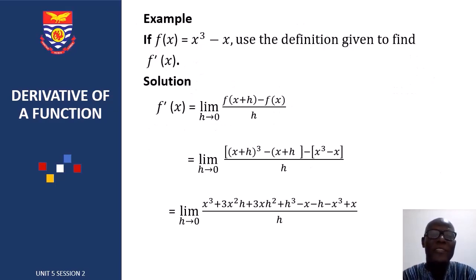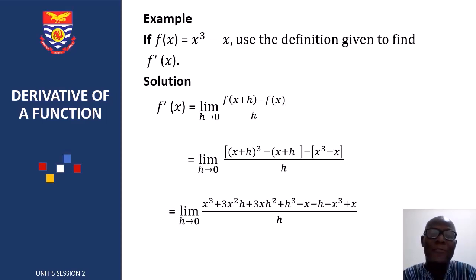Derivative of a function. Example: if the function f of x is equal to x to the power 3 minus x, use the definition given to find the first derivative f prime of x. So we are using the given formula to find the derivative of the function f of x, which means we are differentiating from first principles.